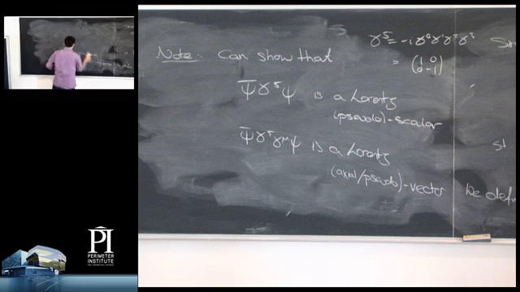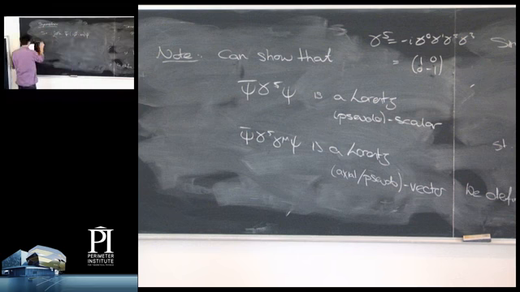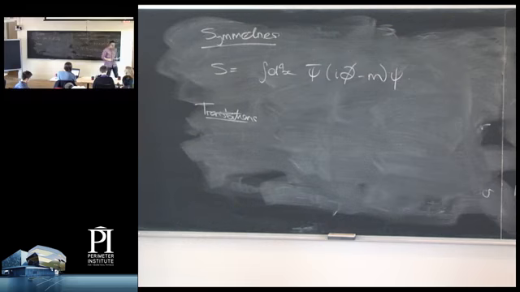Okay, let's look at the symmetries of the Dirac equation. Okay, so there's a bunch of symmetries that this Lagrangian has. The first 2 are the ones that we've seen already for the scalar field. It's the fact that it's invariant under space-time translations and also invariant under Lorentz transformations.